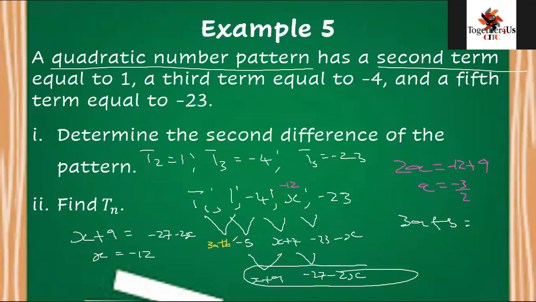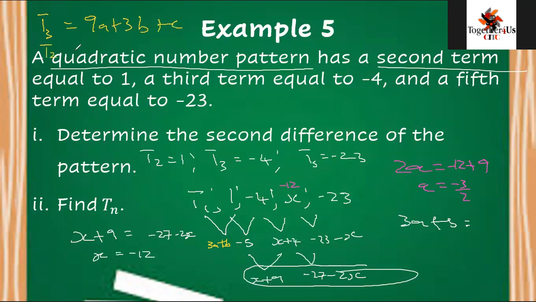Now, what was this term? If you remember your Tn, you better go back to watch that video, but I hope you remember. In fact, let me help you figure it out. If I want the difference between T3 and T2, then I should know that T3 in general is 9a plus 3b plus c.